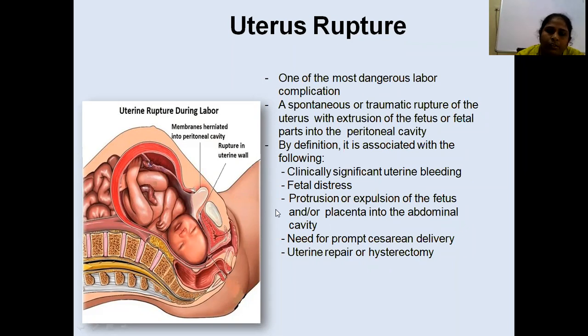Once the baby enters the abdominal cavity, within 1 to 2 minutes the baby will die because of lack of blood supply, and that leads to severe uterine bleeding. And if the uterine rupture is not treated within a few hours, because of the excessive bleeding, the mother also goes into shock and there will be maternal death also.